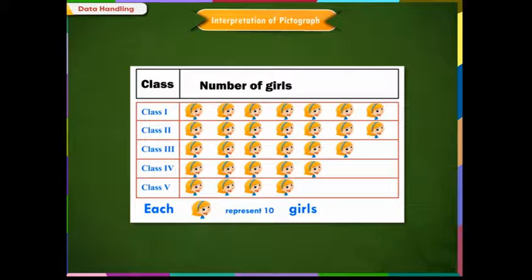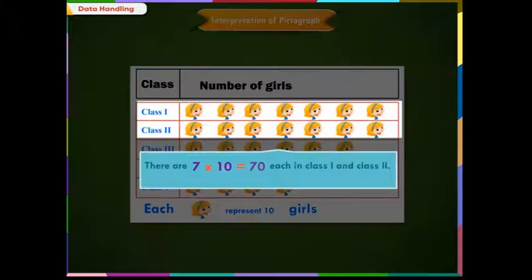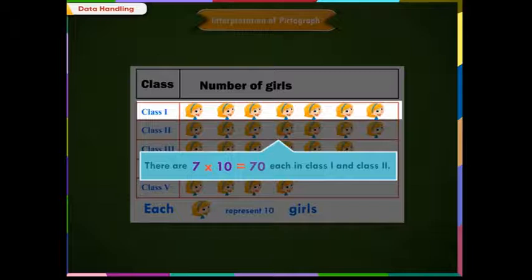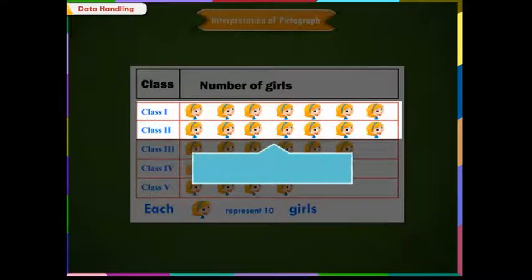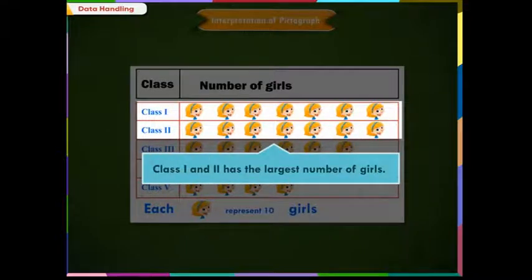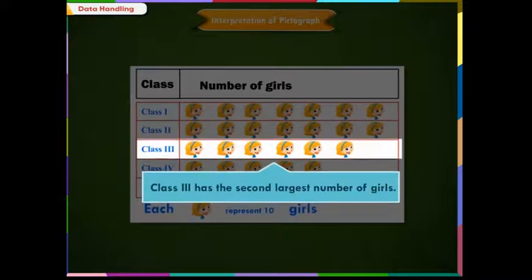It is clear from the pictograph that there are 70 girls each in class 1 and class 2. Class 5 has the least number of girls. Class 1 and 2 have the largest number of girls. Class 3 has the second largest number of girls.